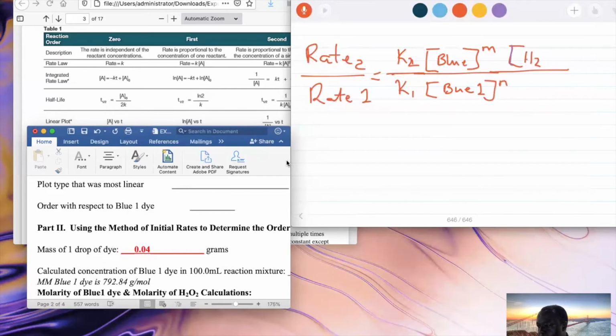I should use a different color coding. This is what we are looking for, peroxide raised to N. This is M, by the way.